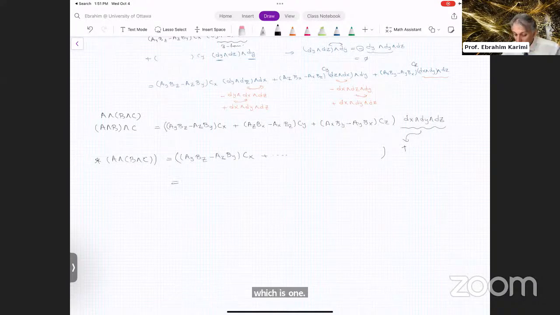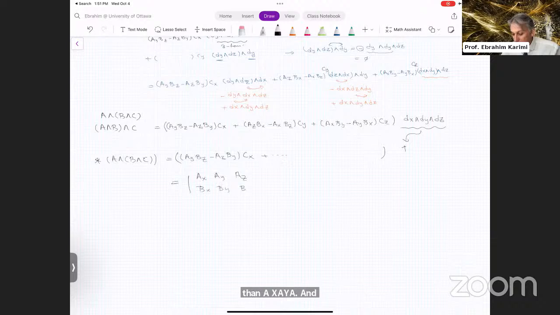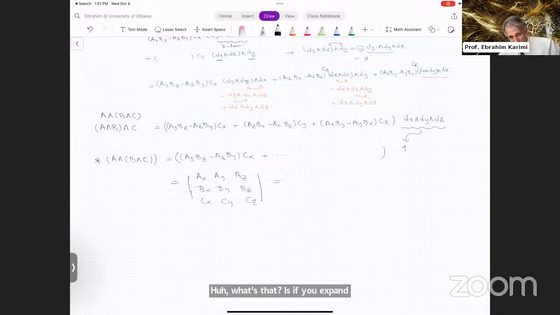And if you simplify these together, this is nothing more than AX AY AZ, and this BX BY BZ, and this is CX, CY, CZ. If you expand this, it looks like this determinant of the 3 by 3 matrix, and this is nothing more than A dot B cross C.